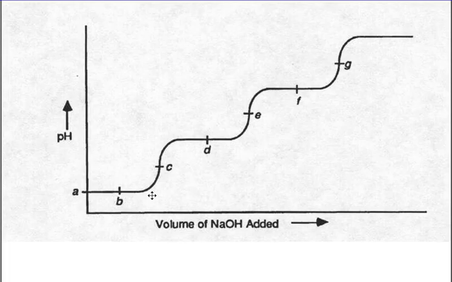This one here I have 1, 2, 3 equivalency points, so this must be a triprotic or a polyprotic acid. And for each dissociation, if I use the half equivalency point, I can determine the Ka of the first dissociation. I go another half, that's the second dissociation. I go another half, this would be the Ka of the third dissociation.